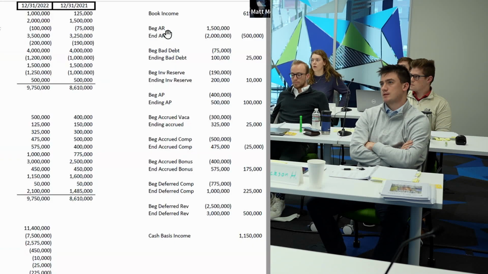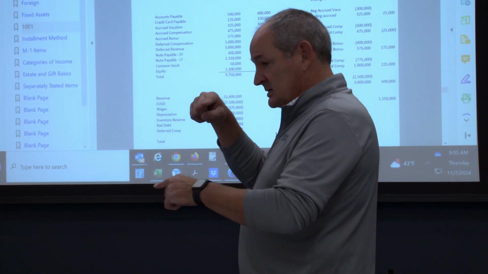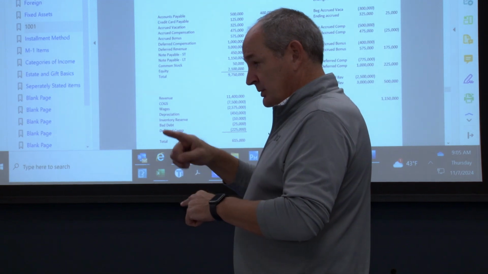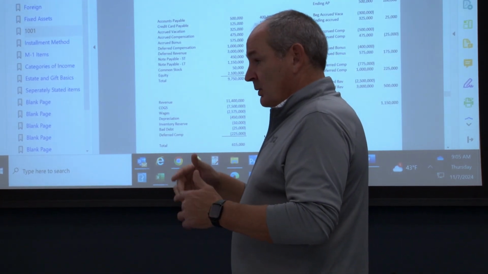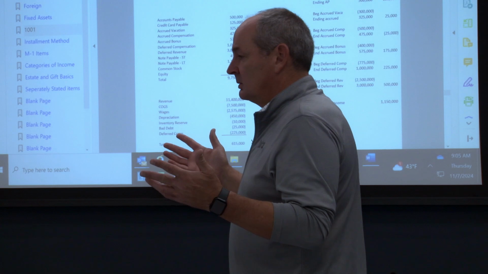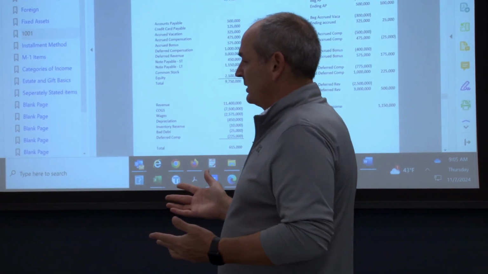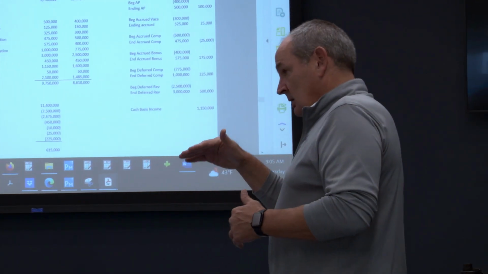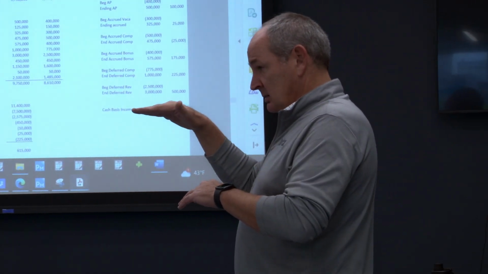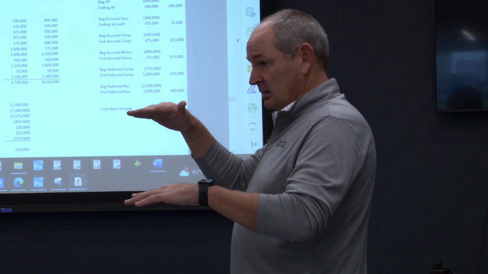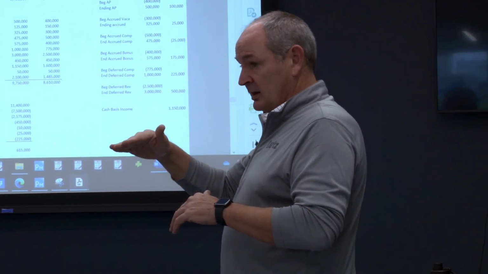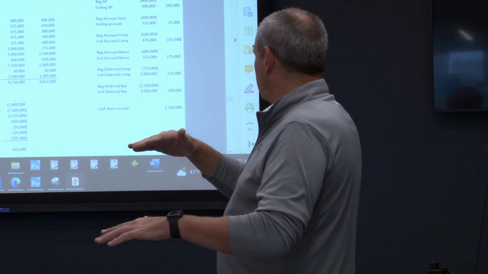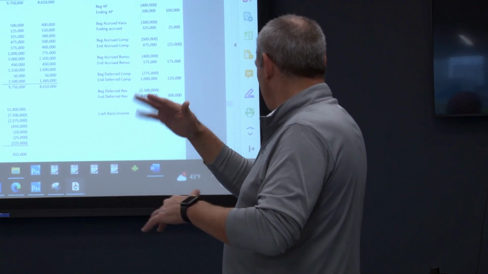So knowing the signs and why the sign's there in the M1 is something that would be useful to know. Because, wait a minute, I'm fluxing the account, but exactly how? You have to be smart enough to know that for the AR, it's an add for the beginning and a deduct for the end. For the AP, it's a deduct for the beginning and an add for the end.